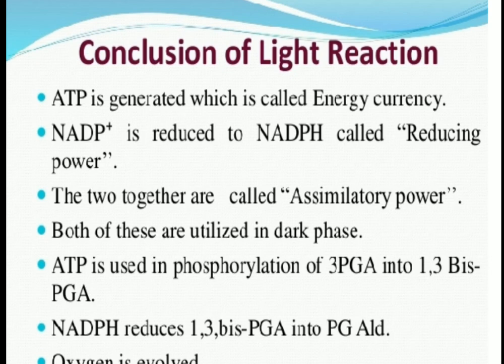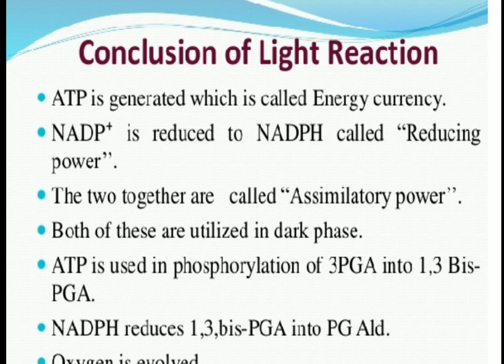And both ATP and NADPH together are called the assimilatory powers, because both of these are required for assimilation of organic compounds from inorganic atmospheric carbon in the dark phase of photosynthesis. Both of these are used.